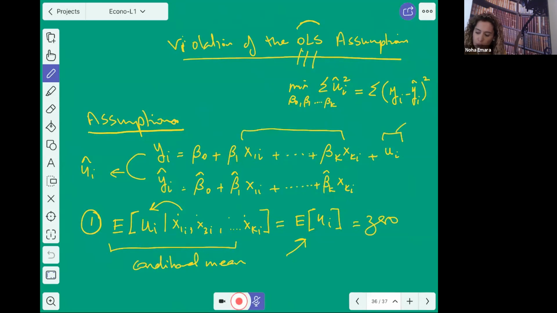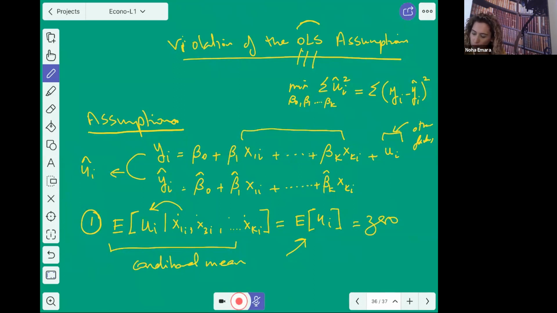I want you to think about the error term as anything that you didn't include in the model, right? You can call it error term, you can call it other factors. So there is no connection between the included x's and other factors which are excluded from the model. So this means that other factors contained in the error term are not related to the x's included in the model.